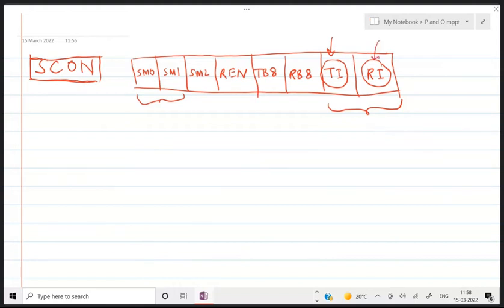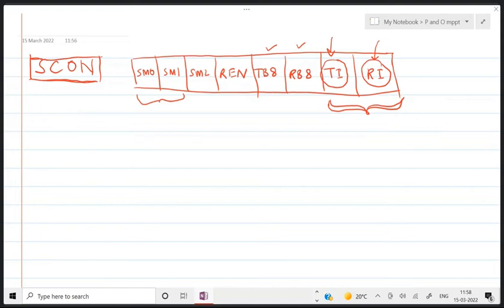Similarly, when a complete byte of data is received by the SBUF, it sends a signal by setting RI equal to 1, and the processor moves to the ISR. I think these two bits are simple, and I hope you have understood this. I will come to these two bits after some time.